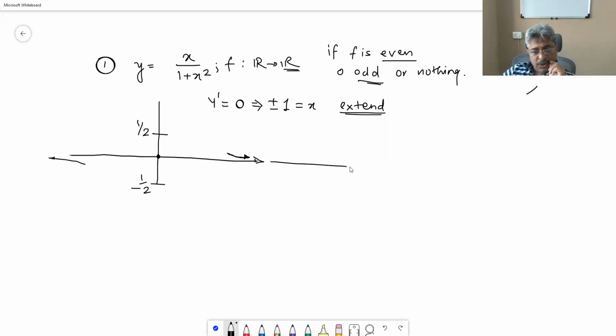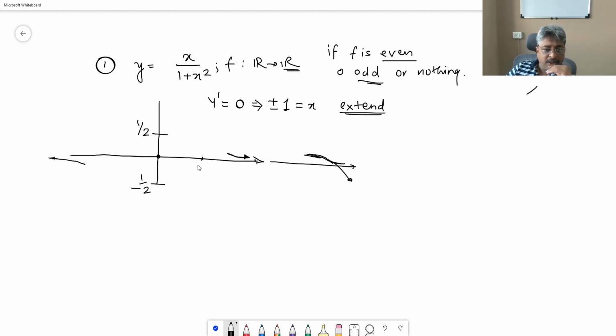Because if suppose this is my y-axis, and as x tends to infinity, if I have concave function and my points of inflections are much to the left, then it is bound to intersect unless you have point of inflection after this. Okay, so that is what is happening here also.